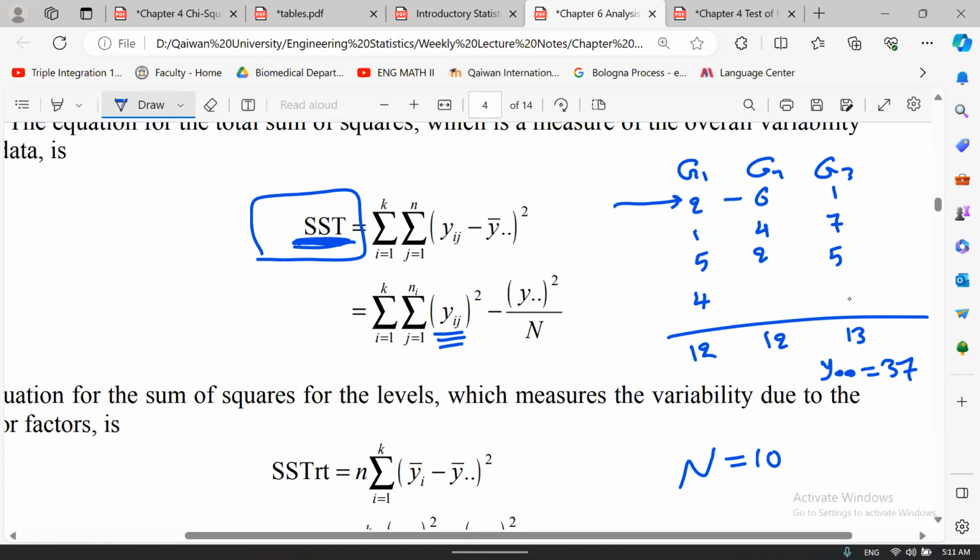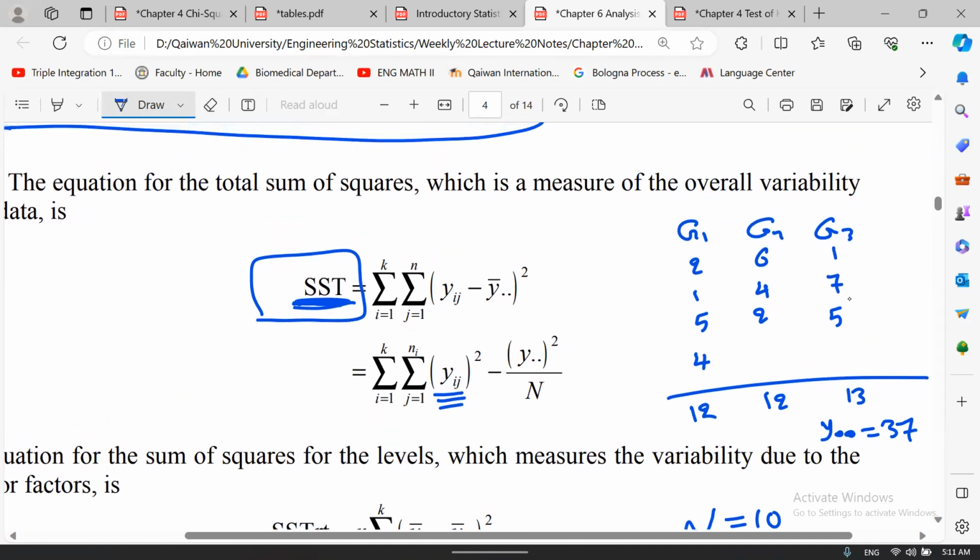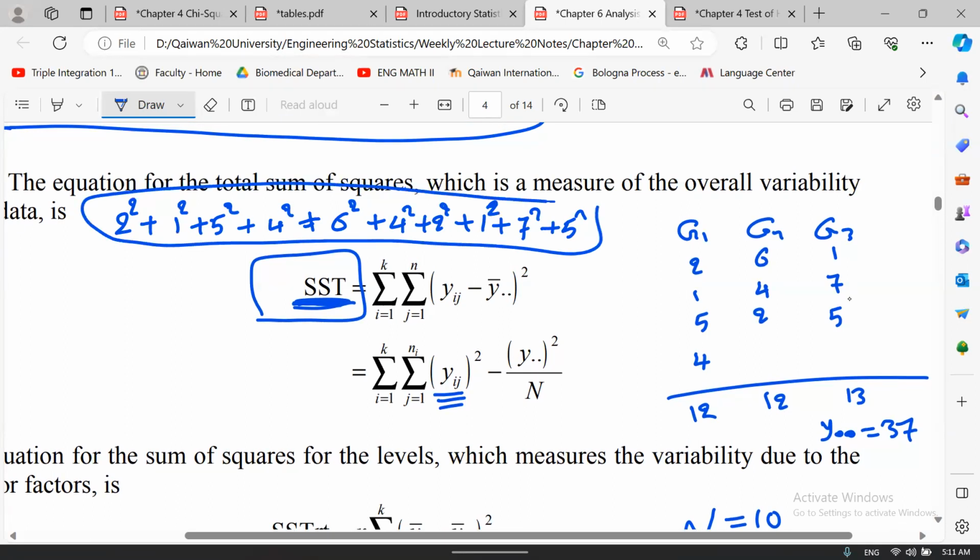It's Y11, Y12, up to the last one. We find the square of all elements, which is 2 squared plus 1 squared plus 5 squared plus 4 squared plus 6 squared plus 4 squared plus 2 squared plus 1 squared plus 7 squared plus 5 squared. This is the double summation.